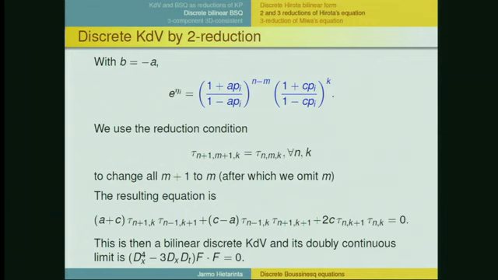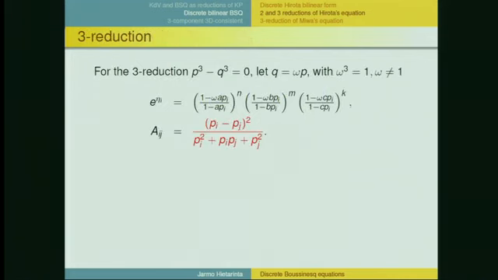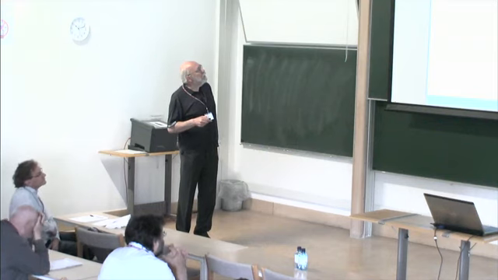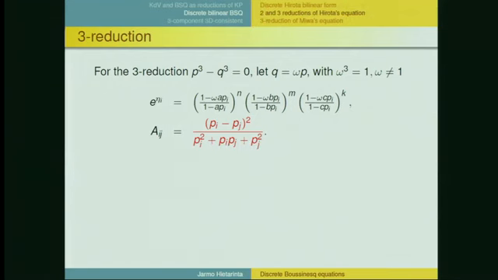So let's do now the 3 reduction, same way. So start with this requirement that this is 0, and q is then omega times p, where omega is the cubic root of unity. If I make the substitution in the formulas that we had before for Hirota's equation, then in Miwa's form, then you do get the phase factor in the Boussinesq form.